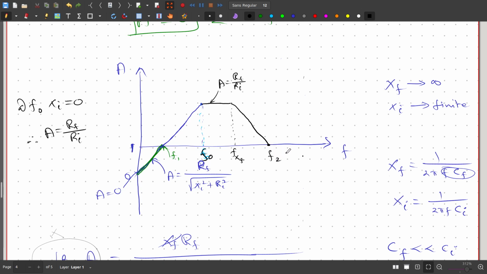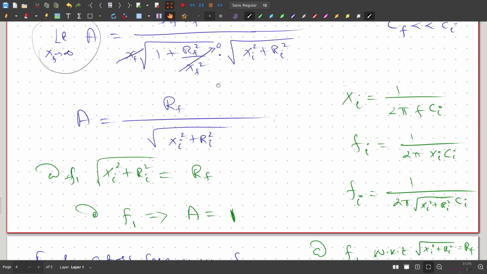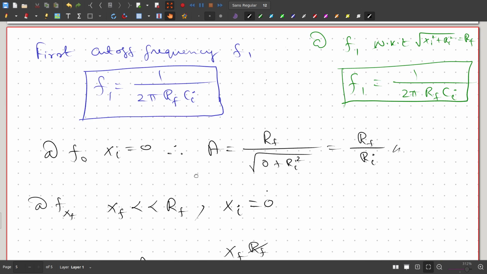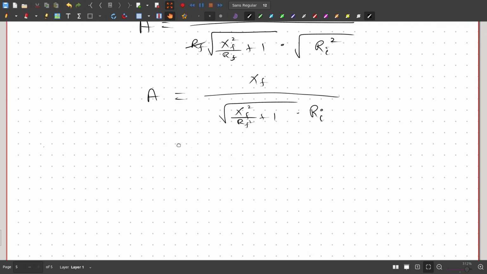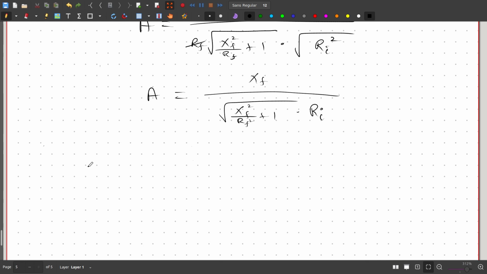This is the second cutoff frequency, F2. XF is very much less than RF, therefore this term becomes 0, or it can be neglected.